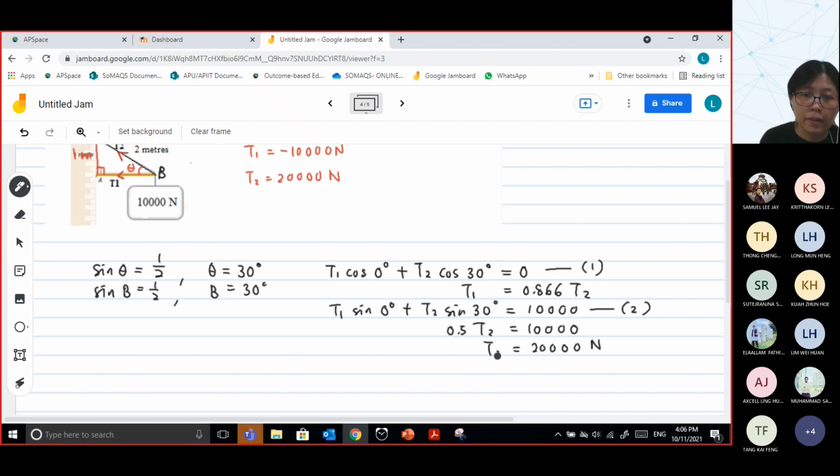Then calculating T1, T1 equals 0.866 times 20,000, from T2.